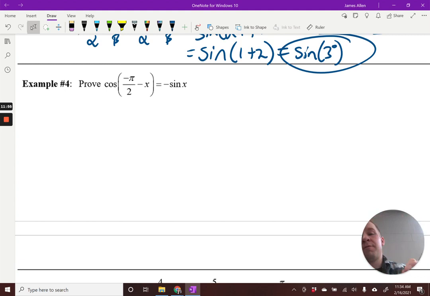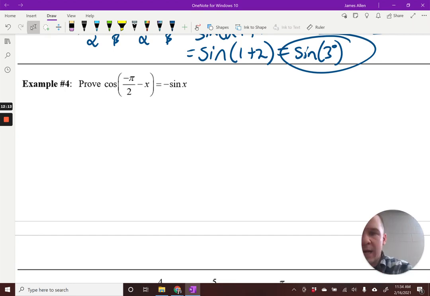So, we want to prove that cosine of negative pi over 2 minus x is equal to negative sine of x. So what we can do here is use our cosine difference formula and expand it, and let's see if it simplifies down.